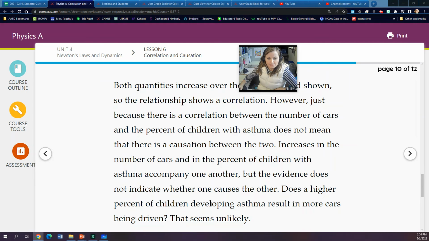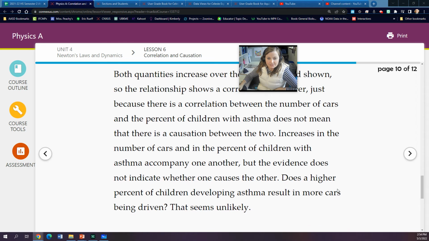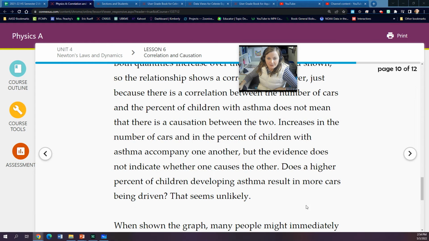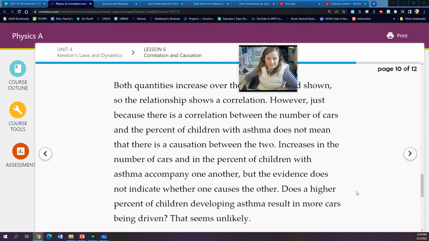Does a higher percent of children developing asthma result in more cars being driven? That seems unlikely too. Obviously, the reverse isn't true. More kids having asthma doesn't cause more cars to be driven, and the number of cars being driven doesn't necessarily mean there's an increase in the prevalence of asthma.